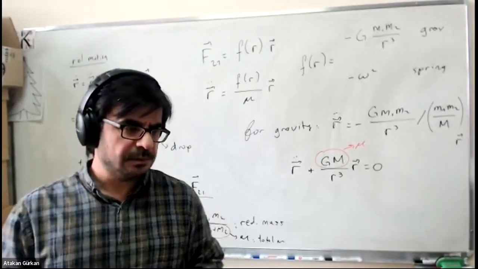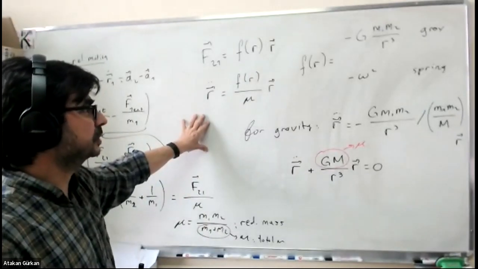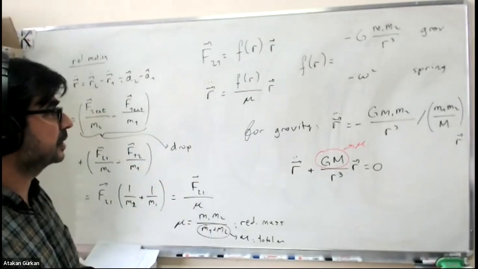So for example here, we divided the motion into 2 parts. What does the motion of the center of mass look like?